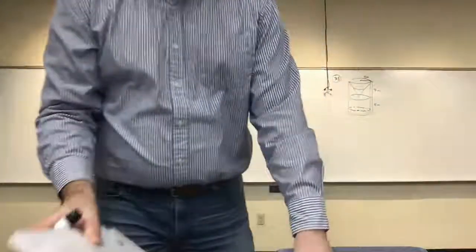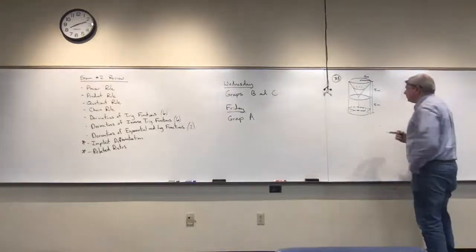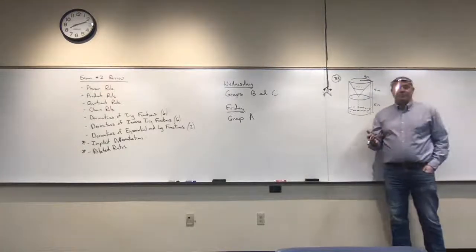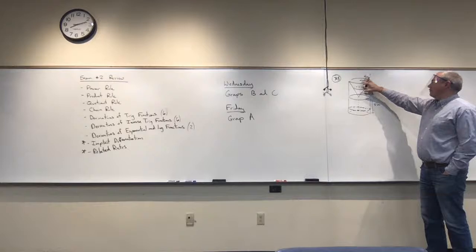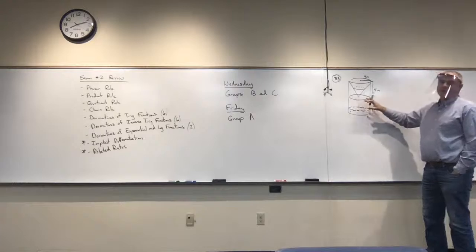The interesting thing about this problem is it's kind of like asking us two problems, right? First, we have to figure out something about the conical tank, and then something about the cylindrical tank.